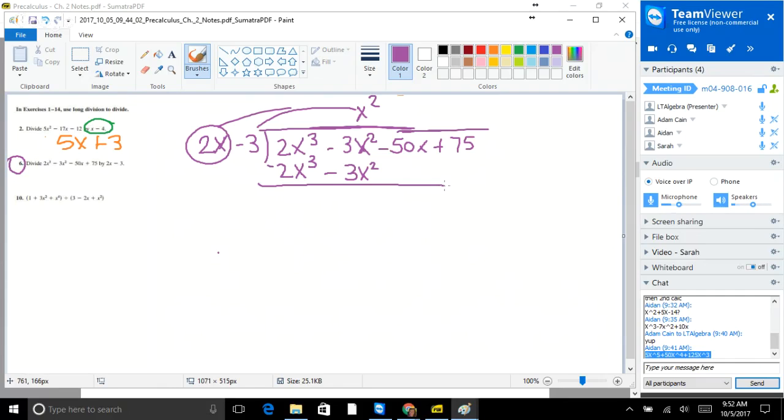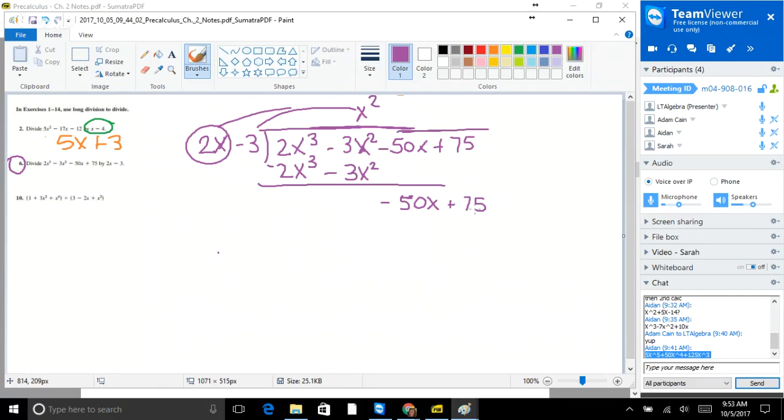So now all I have to do is bring down my 50x. Okay. And because I only have 50x to deal with, I think I'm going to go ahead and bring down my 75 as well, since I have two terms that I'm dealing with, right?